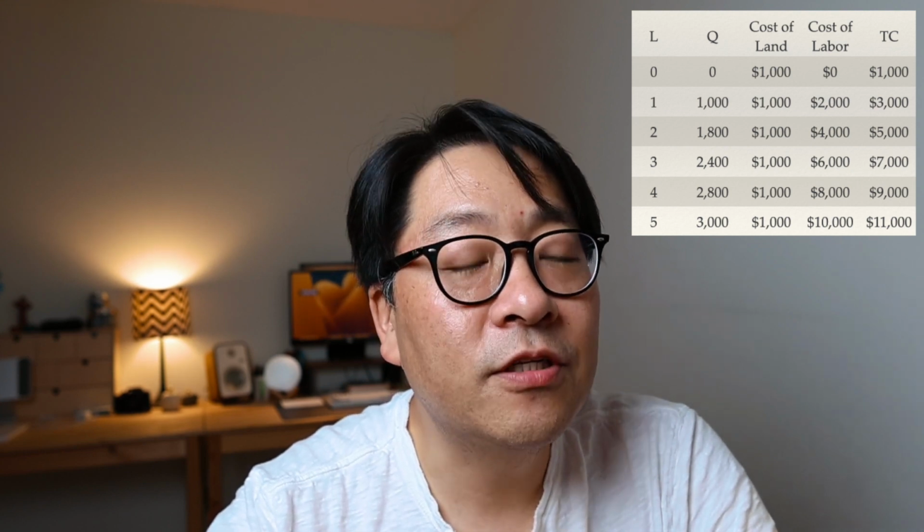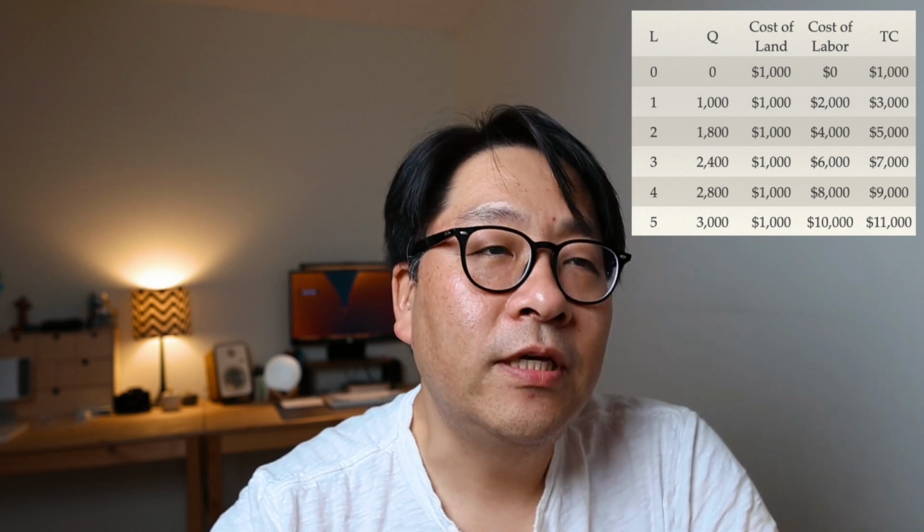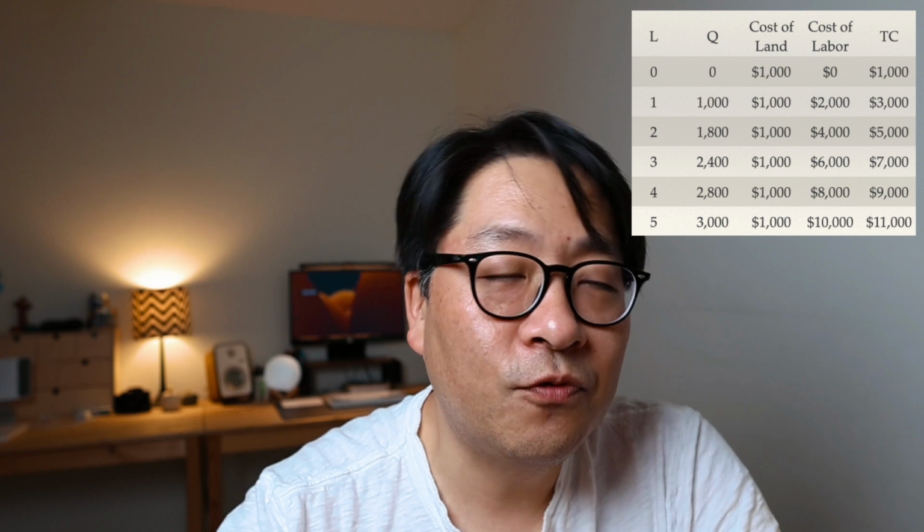And as we can see, as L increases, the TC increases. Before that, the cost of labor increases by 2,000, which is the equilibrium wage of $2,000 for a farm worker monthly. So L is 1, $2,000; L is 2, $4,000; L is 3, $6,000 correspondingly.